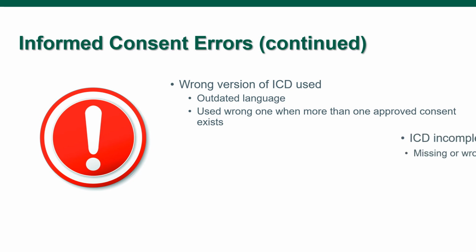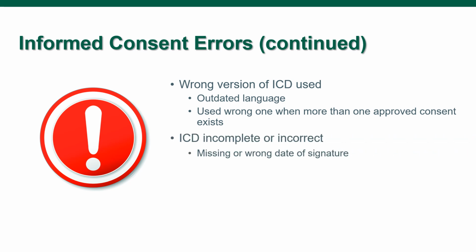All right, last bullets right here, we're going to be talking about incomplete or inaccurate consent documents themselves. Now, this is when there are missing or wrong dates, missing or incomplete signatures, such as the first initial and last name. Another scenario is sometimes when we get excited after the participant signs and then we don't sign it ourselves.